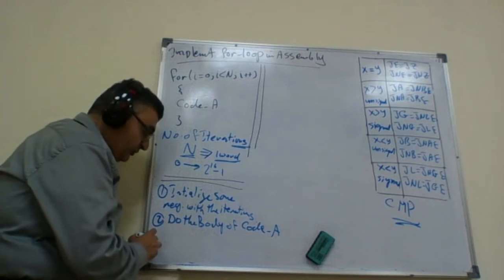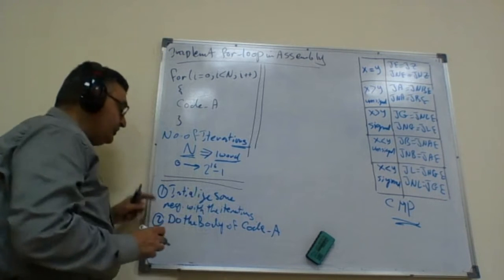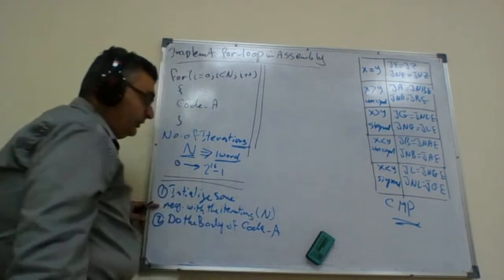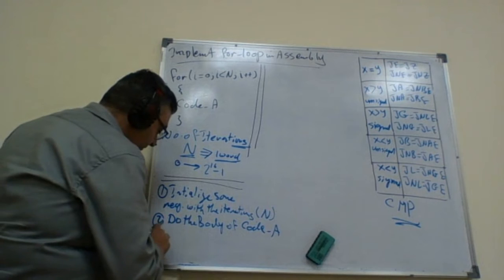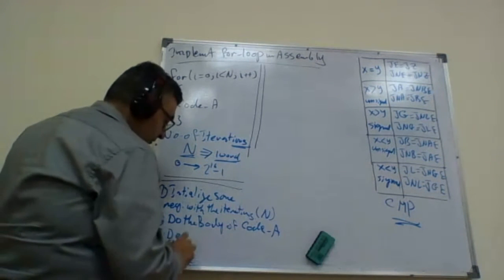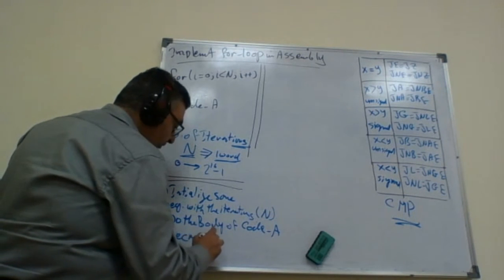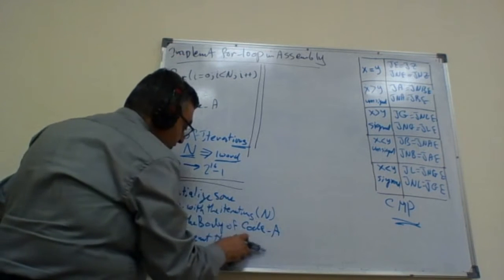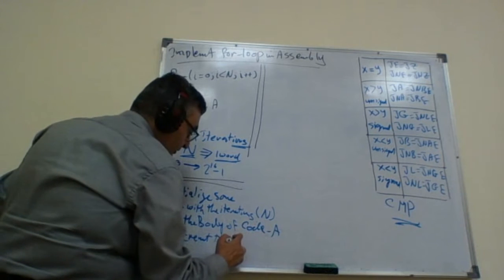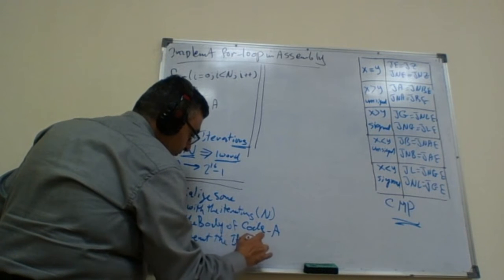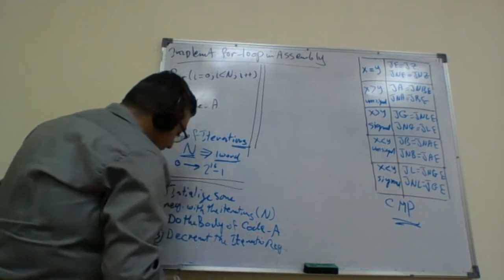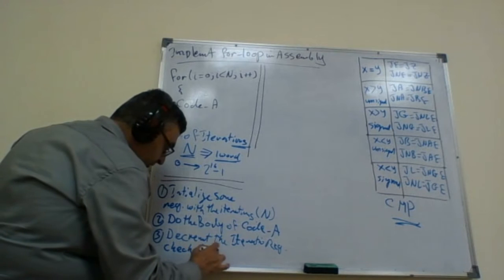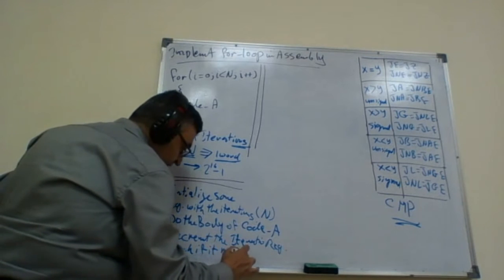Then, since we initialized some register to the number of iterations n, we need to decrement the initialized register, the index or iteration register, and check if it reached 0.